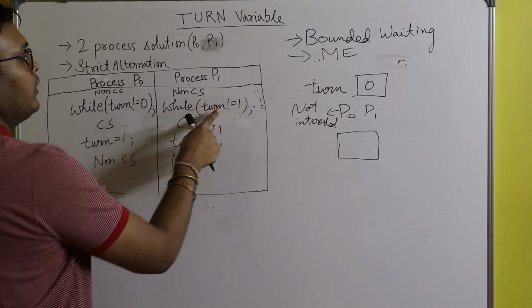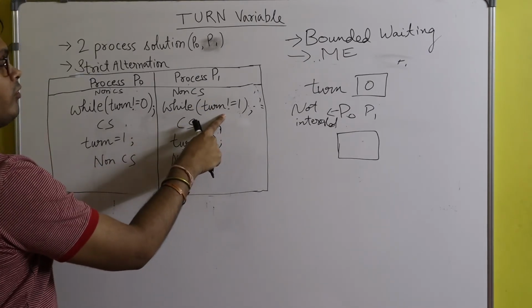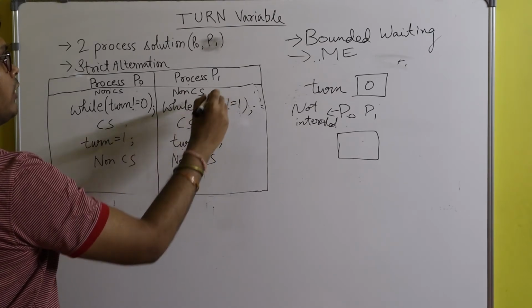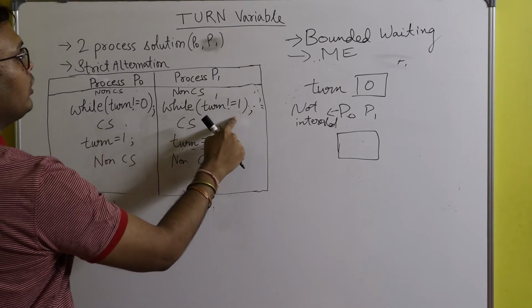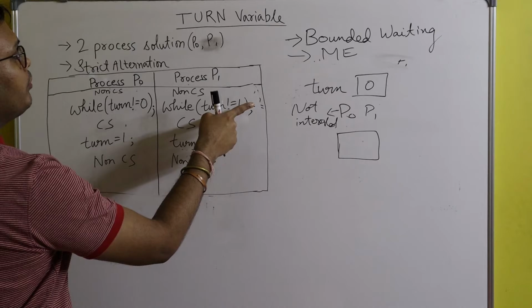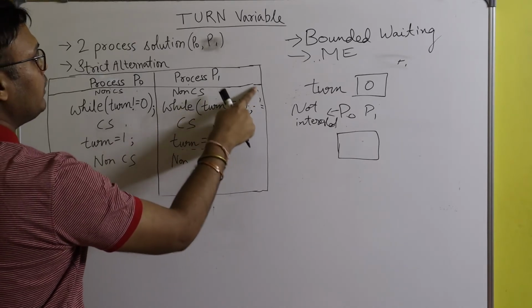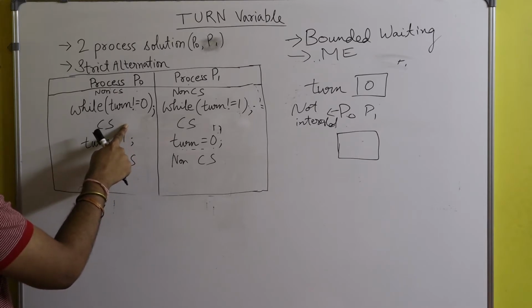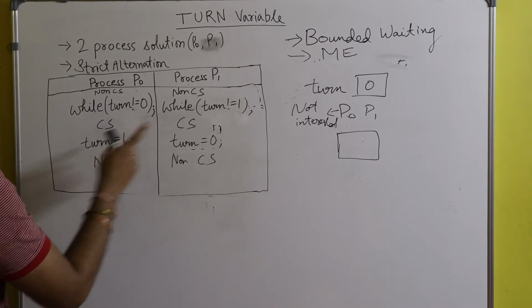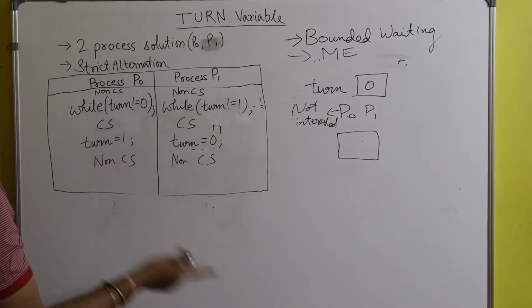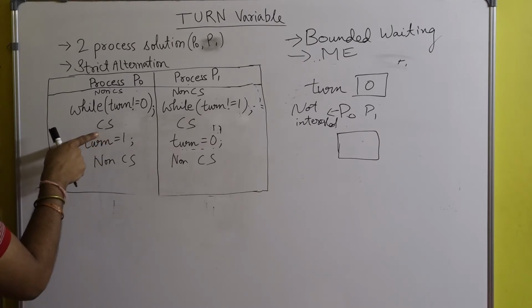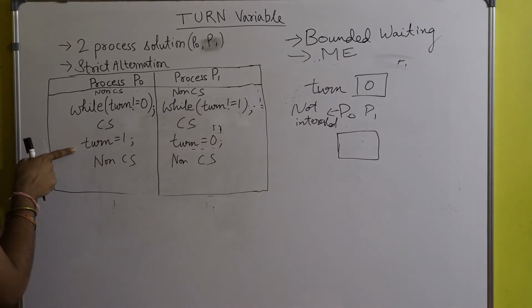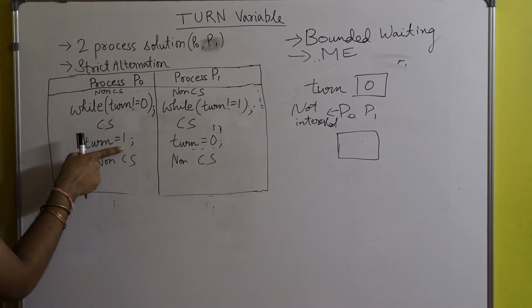If the value of turn variable is 1, then 1 not equal to 1 fails, and only then this while loop will be broken. But since P0 has not entered the critical section, because P0 is not interested at all, P0 can't make the value of turn as 1.